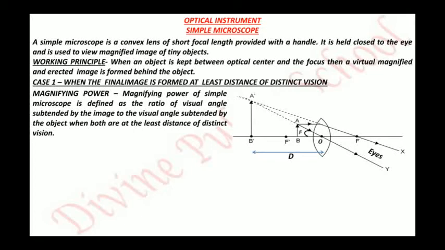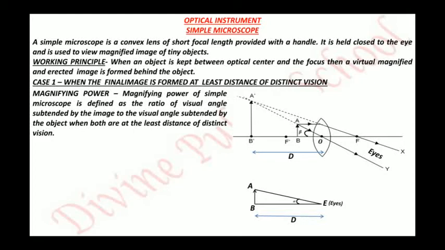But what about the object? The object is not at the least distance of distinct vision. So we draw another diagram for the object. We keep the object at capital D. Now it is making an angle at our eyes, the visual angle subtended by the object, denoted by alpha.